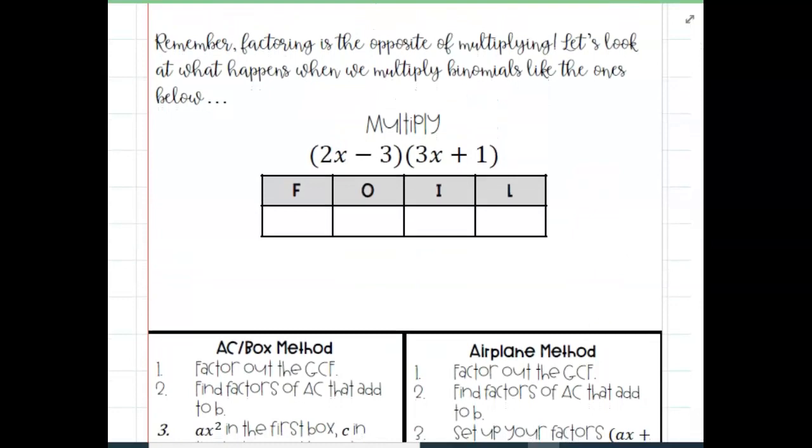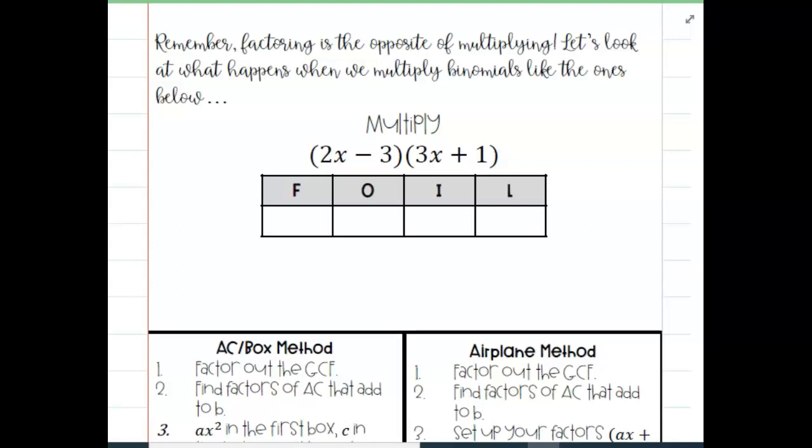Now, let's go up here, because remember I talked about this last week: factoring is the opposite of multiplying. So what we're going to do first is see what this FOILs out to be, just to remind ourselves of what this is going to look like. Notice how this one's different from what we did on Tuesday and Friday.